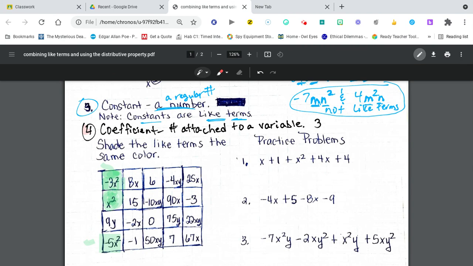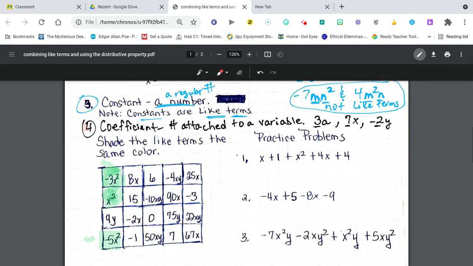So if I have 3a, 3 is the coefficient. Or if I have 7x, 7 is the coefficient. If I have -2y, -2 is the coefficient. And just a number in front of a variable. So like here the coefficient is -3. Here the coefficient is an imaginary 1. Here the coefficient is -5. But to determine like terms, we just got to make sure they have the same variable and the same exponent.